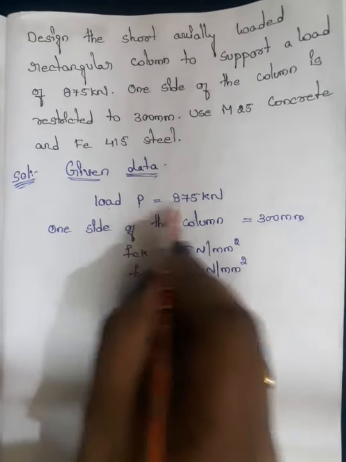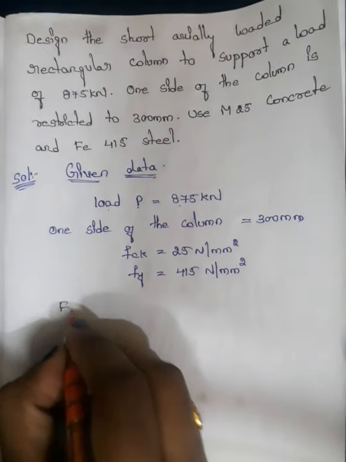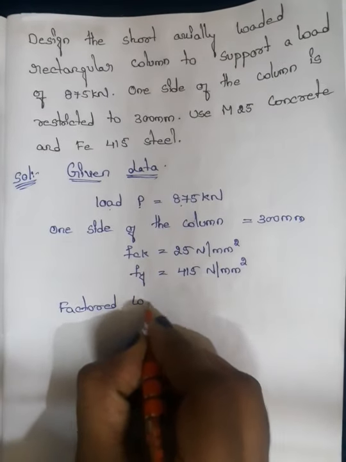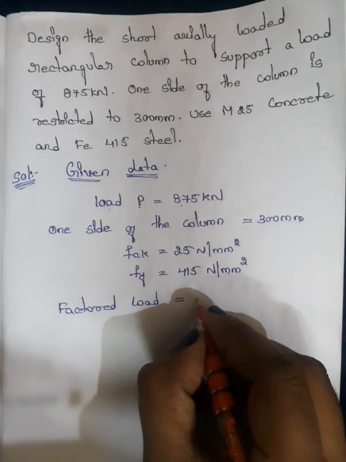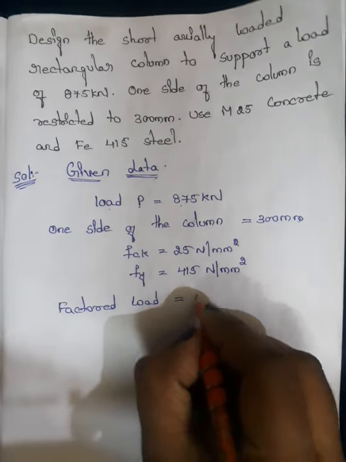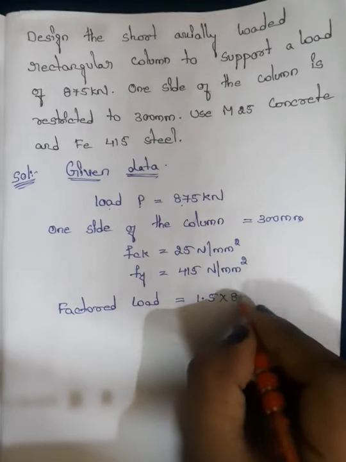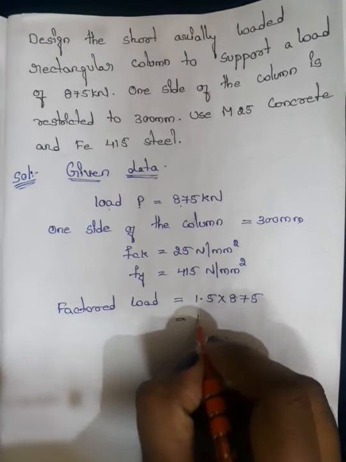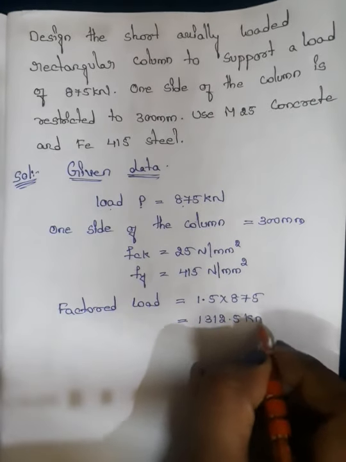So load is given, so we need to find the factored load. Factored load is equal to partial safety factor into load. The partial safety factor is 1.5 into 875, which is equal to 1312.5 kilonewton.